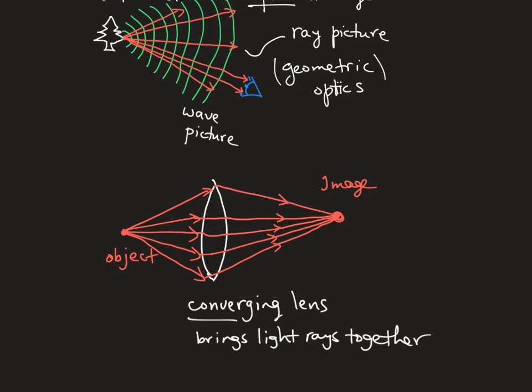And then maybe I could put my eye out here now. Once they've come back together, unless I put a screen here, I could put a screen right here, like a movie screen, and that would form an image projected onto that screen. I could also just let the light continue on past.